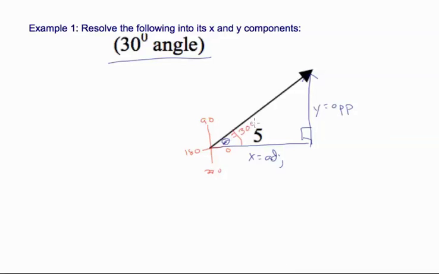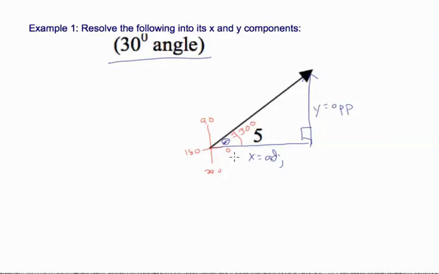It's important to do this step because unless it's in this quadrant, your unit circle angle is going to be larger than 90, and you can't have an angle in a triangle larger than 90. So you have to make sure you're putting it into or taking it out of unit circle. So now we know two pieces of information, our theta and our hypotenuse, and we're solving for adjacent and opposite.